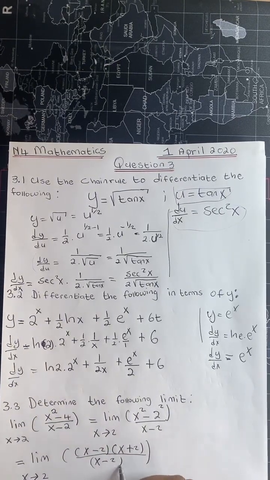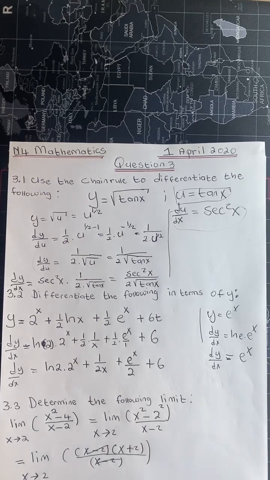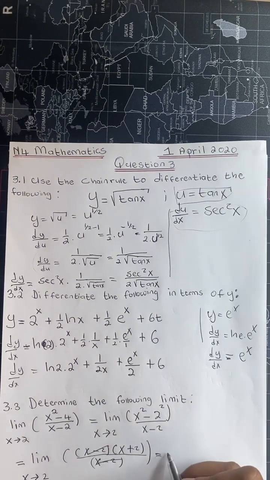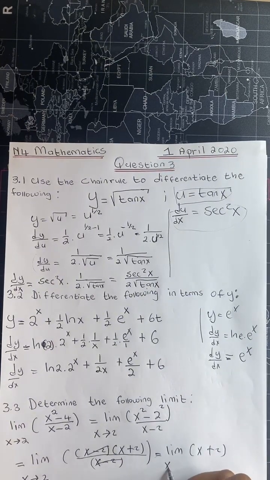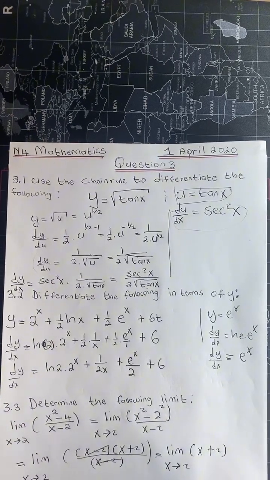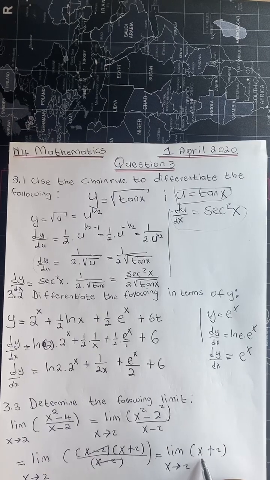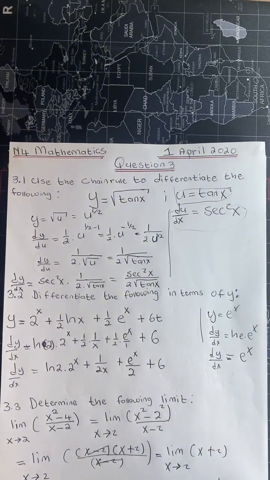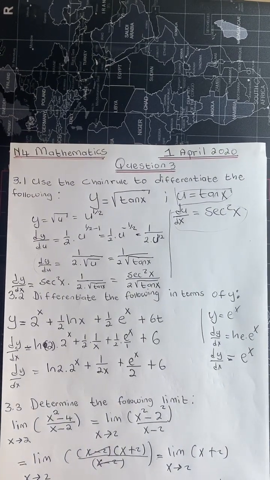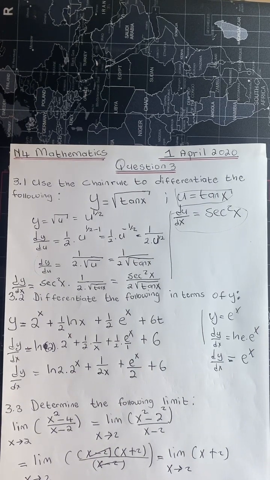So that x minus 2 with that x minus 2 will cancel out, and we'll be left with the limit of x plus 2 as x approaches 2. So in the place of this x, we substitute the 2, and when we substitute, we drop the lim. So we'll have 2 plus 2, which is equal to 4. So the limit of x squared minus 4 over x minus 2 as x approaches 2 is equal to 4.